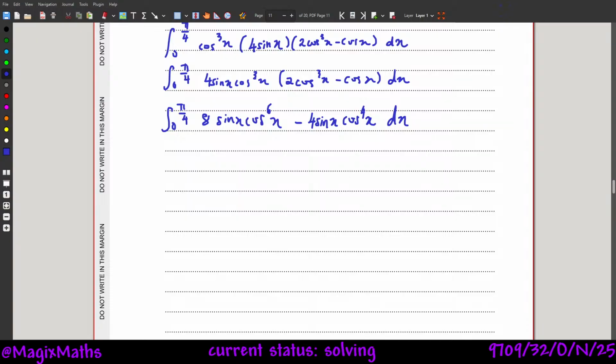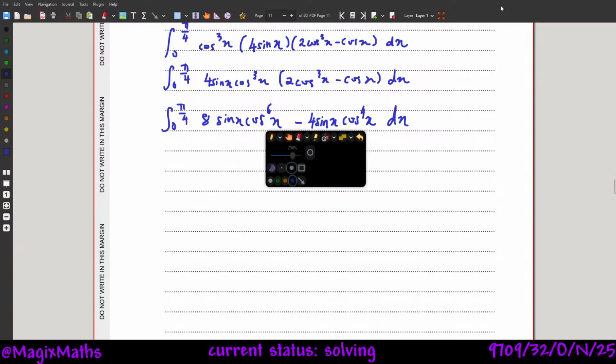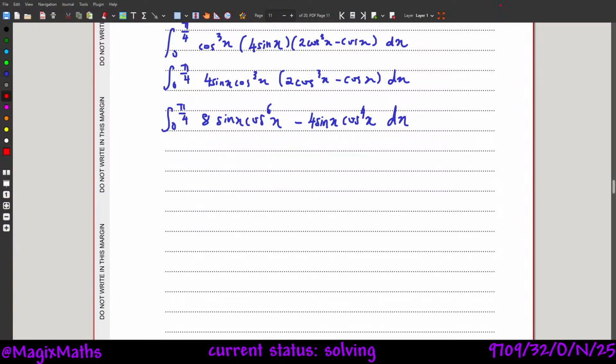So try to recall what happens if we go from cos 7x and differentiate it.